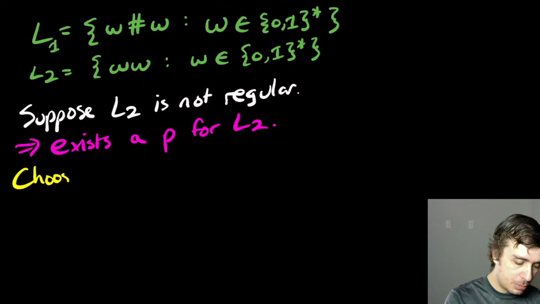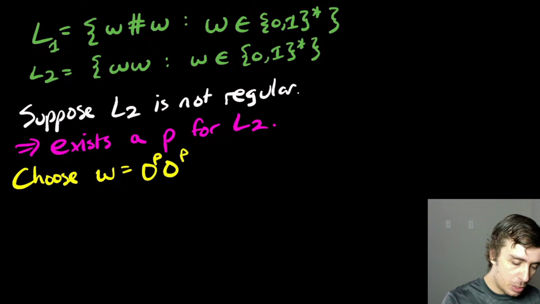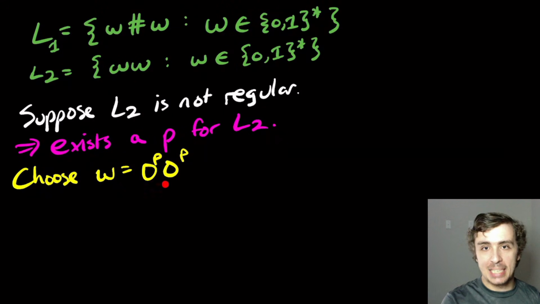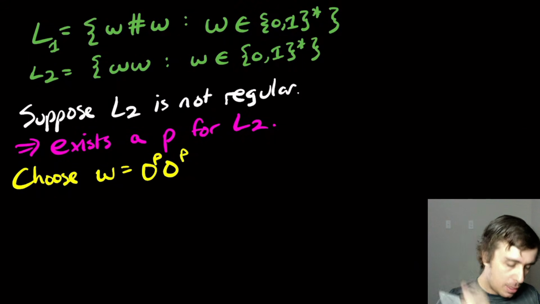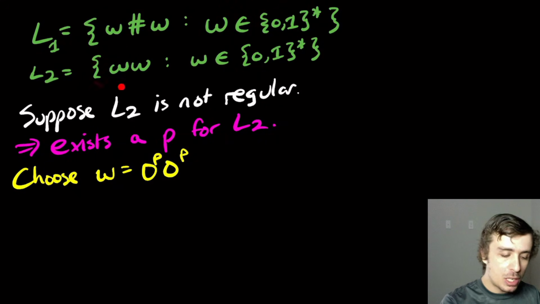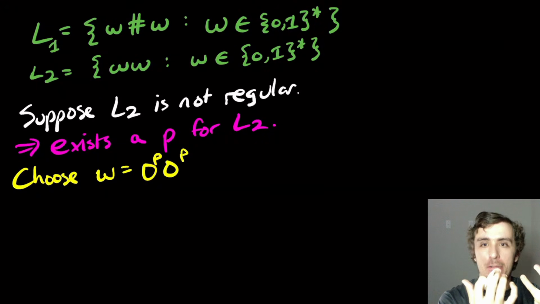Let's choose some string, and this string will not work, and I'll explain why. Let's pick 0 to the p, 0 to the p. It's in the language because it's the exact same string twice. Its length is at least p because it's length 2p, so that's good enough. But this string won't help us. Why? We need to eventually pump our way out of L2, so we want two pieces that are completely different from each other.